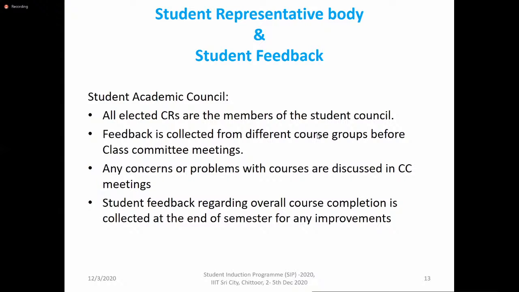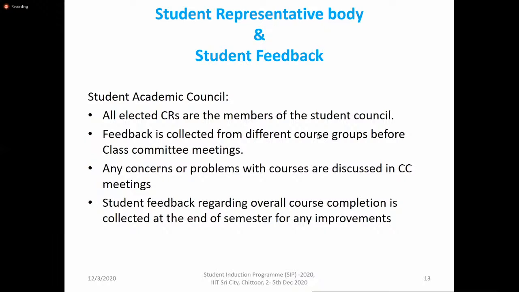There is a way of electing CRs, and we will share that information at a later stage. The CRs will collect information regarding the course. If there are any concerns or problems in the course, they will present that information to the class committee meeting. If there are any issues, the class committee chair will forward them to the respective course instructor, and they will sort out those issues.